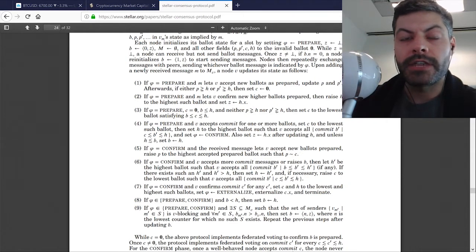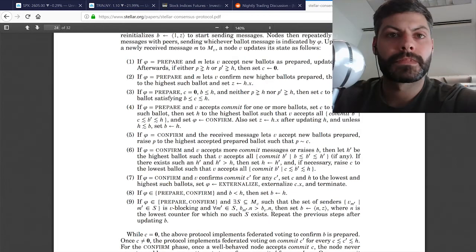8. If φ is an element of the set {prepare, confirm} and b is lesser than h, then set h assigned to b. 9.